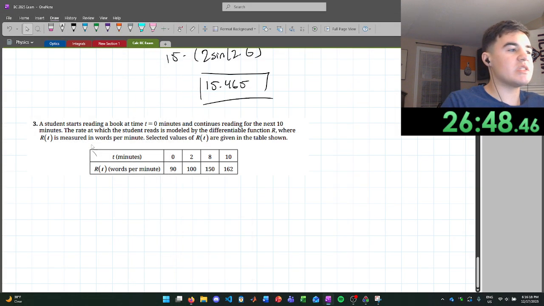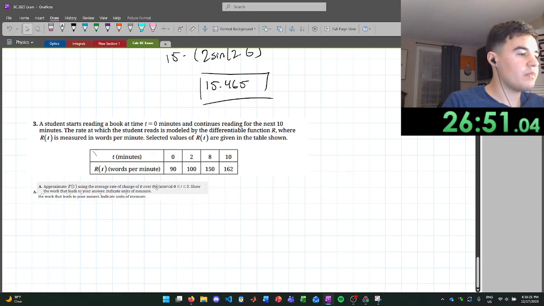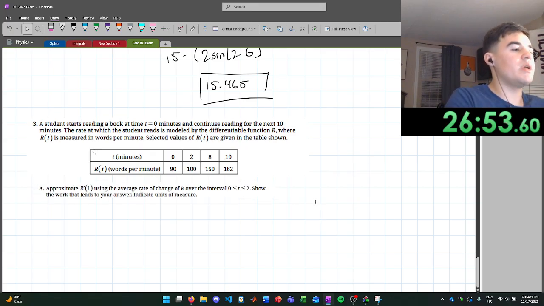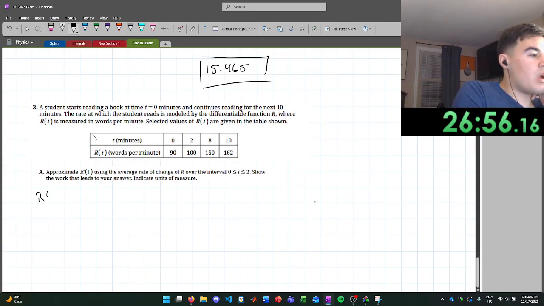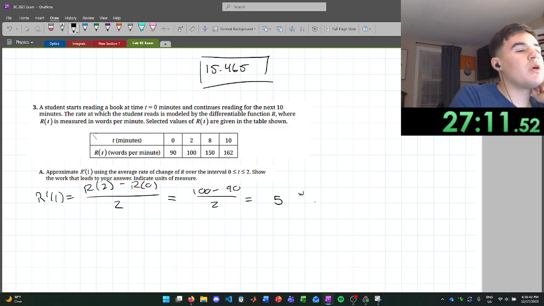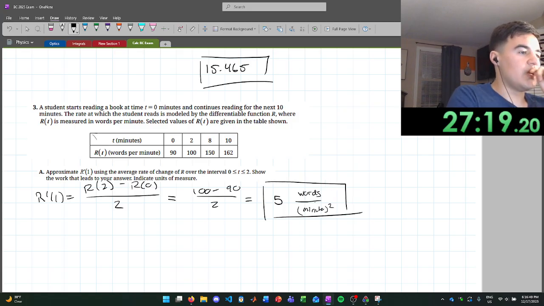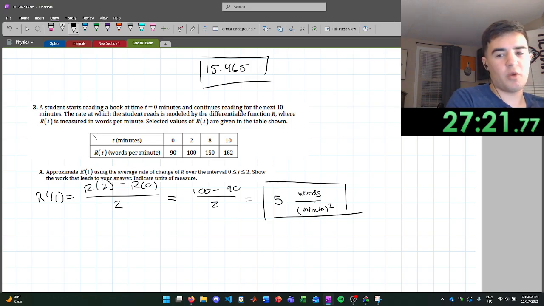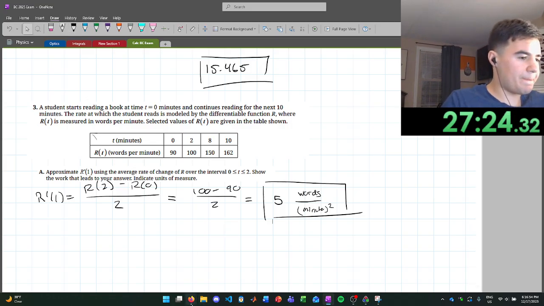We just pick the two best points and find the slope between them. r prime of 1 is equal to r of 2 minus r of 0 over 2, which is 100 minus 90 over 2, equal to 5. Because r is in words per minute, the derivative is going to be words per minute squared.